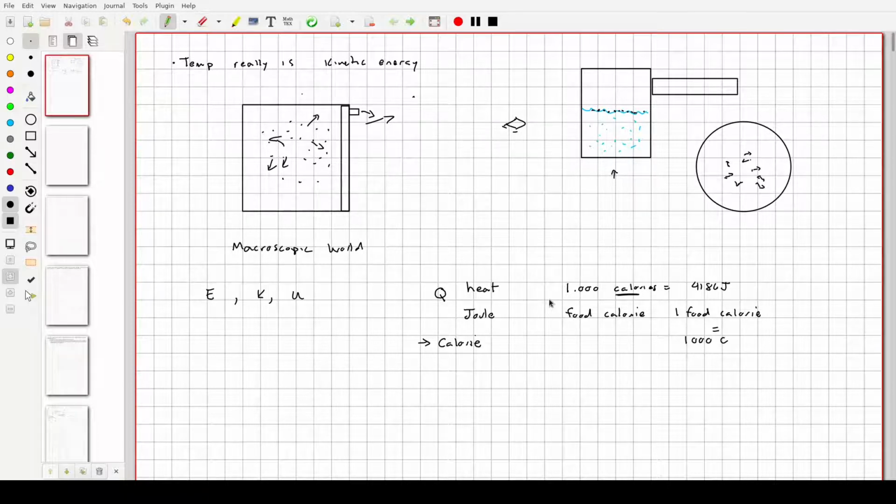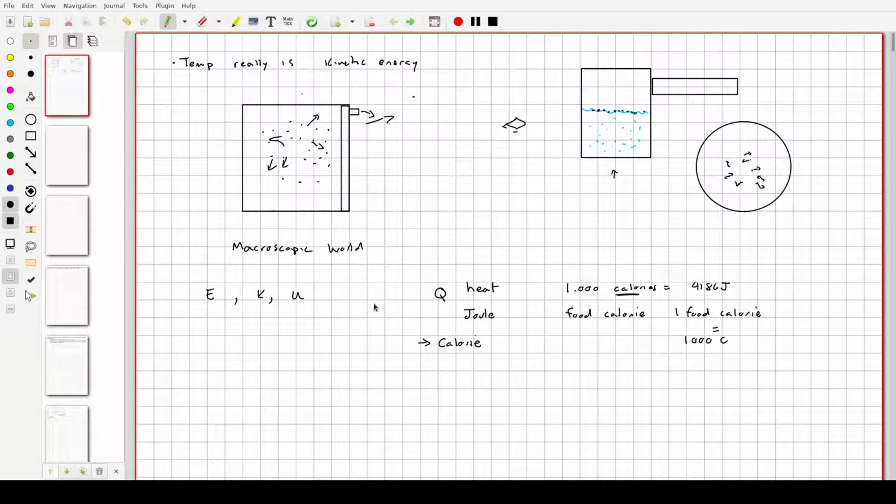Now, that said, what I'd like to do is to look at the macroscopic relationship between heat and changes in temperature, and also what happens to the heat that does not cause a change in temperature.